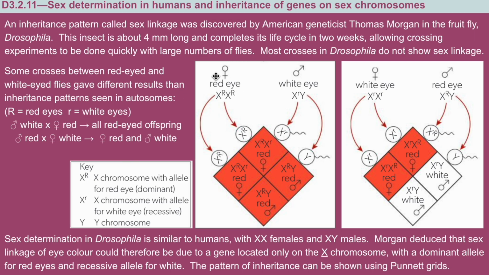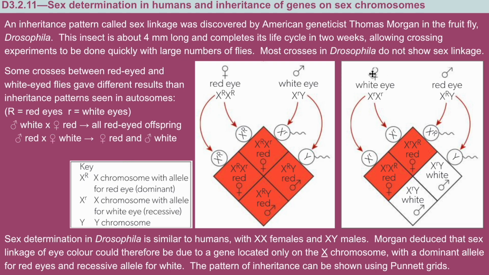Now note, if we have a female who is red-eyed, which is the dominant trait indicated here by big R, crossed with a male who is white-eyed, indicated by the recessive trait little r, we're going to see that 100% of the offspring have red eyes because that X big R will be given to every individual and it's dominant.